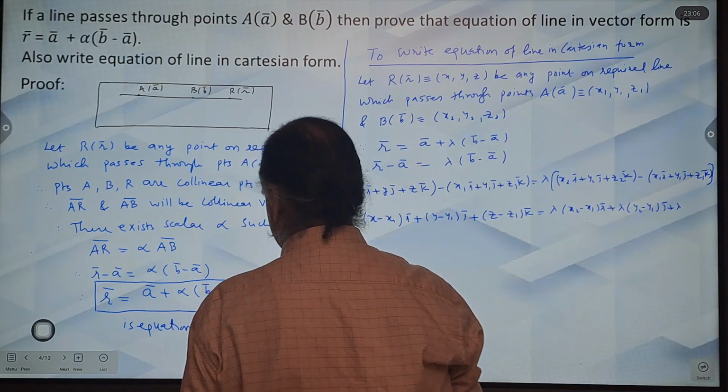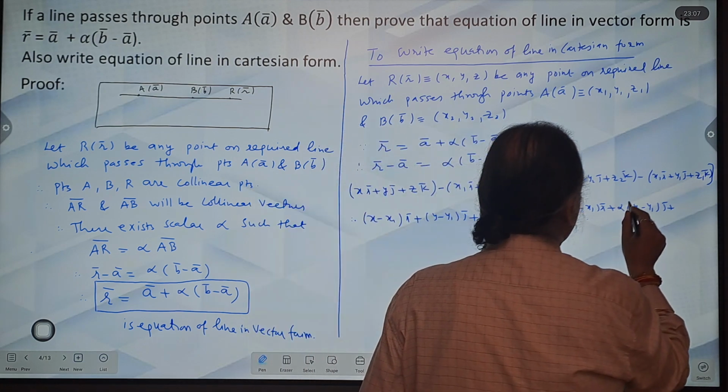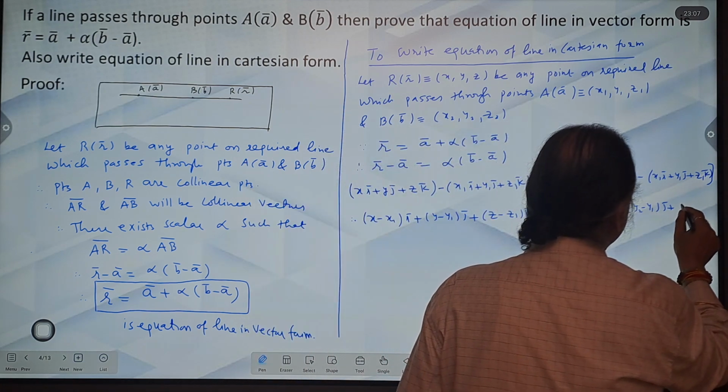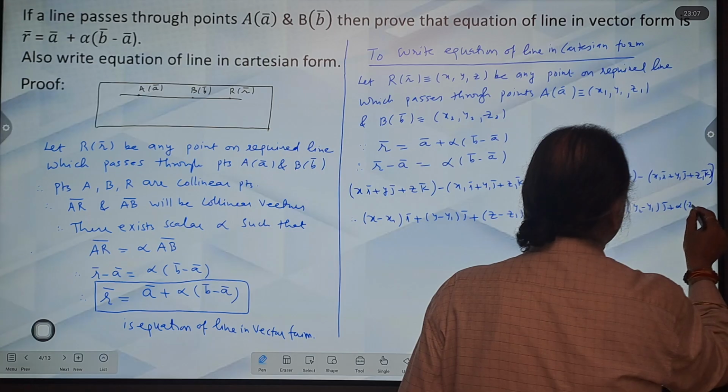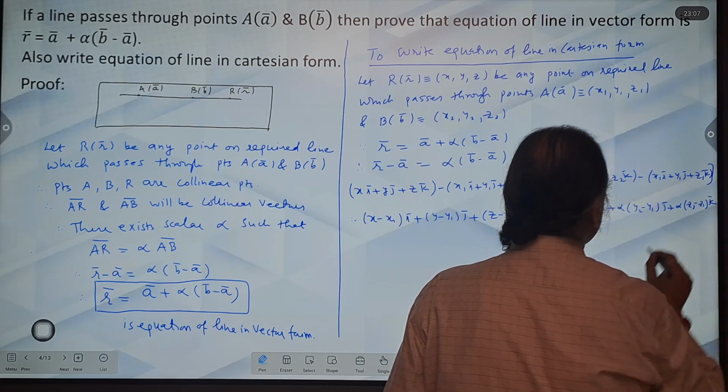Sorry, I have taken scalar alpha. Alpha y2 minus y1 alpha k bar.